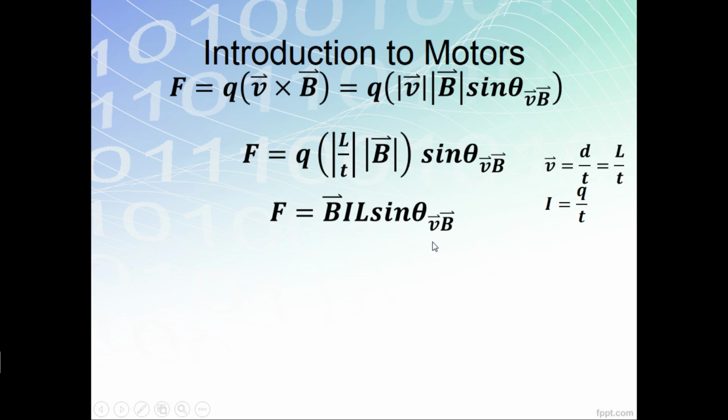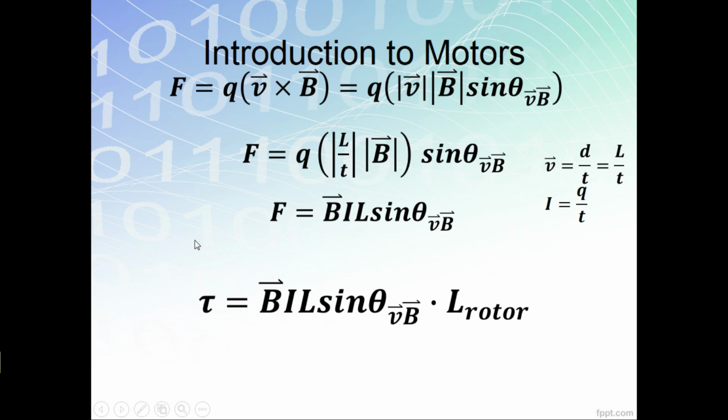If we multiply this force that we got by the length of the rotor, we will get torque. And what we can conclude from this equation is that torque is proportional to the size of the motor itself.